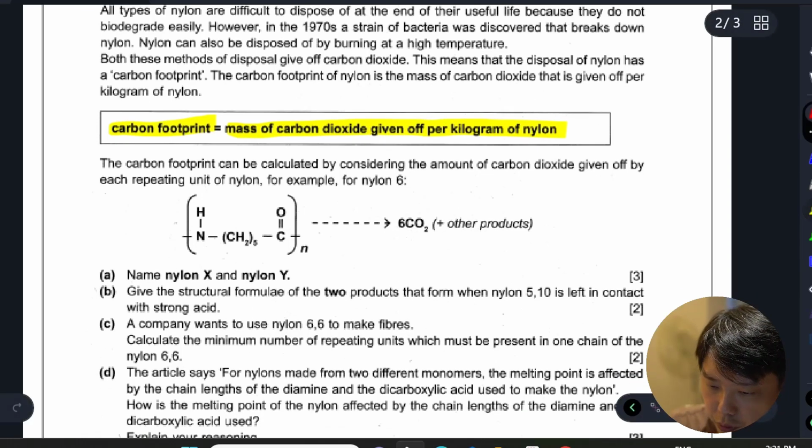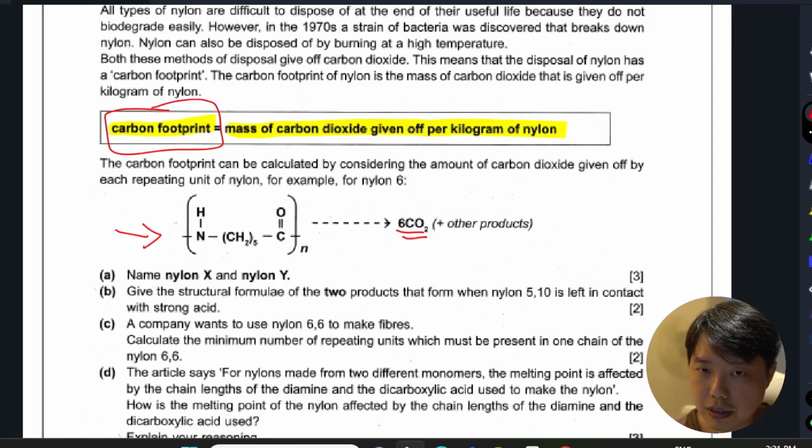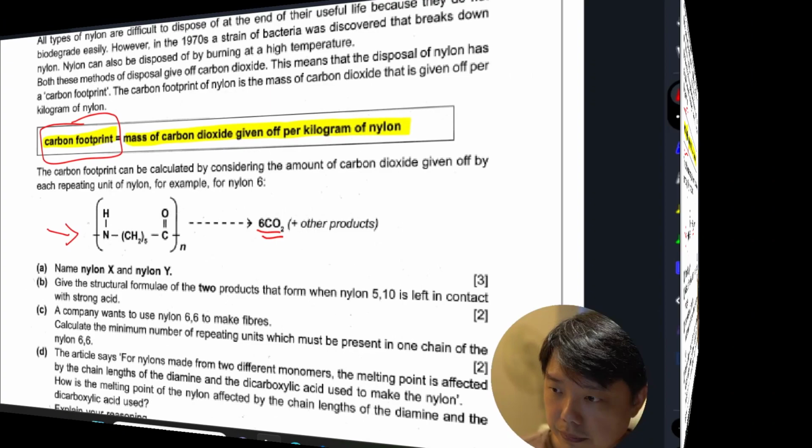So here they give you an equation. This has to do with the calculation of the carbon footprint. So take note that later on, if the question asks you about carbon footprint, we have to take this into consideration.